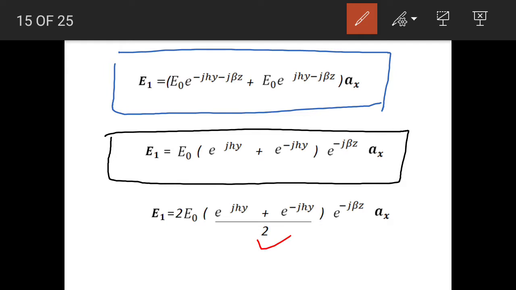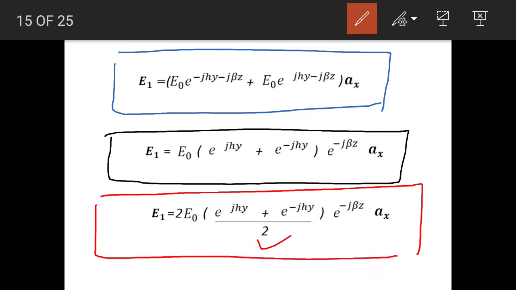So E1 will be equal to 2 E naught into e raised to power jhy plus e raised to power minus jhy divided by 2 into e raised to power minus j beta z into ax. We know that this quantity is basically equal to cos hy.